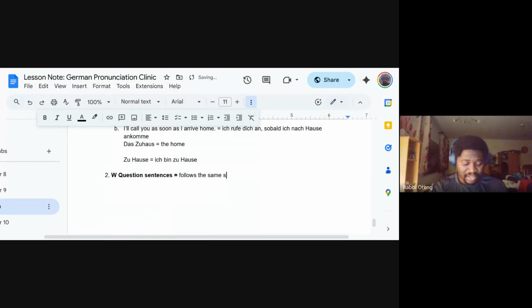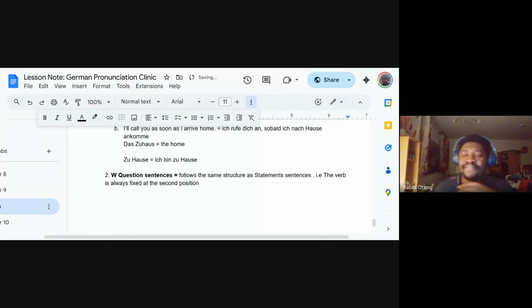It's also different to statements. That means the verb is always fixed at second position.